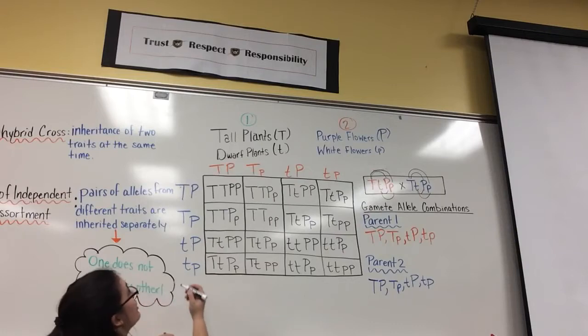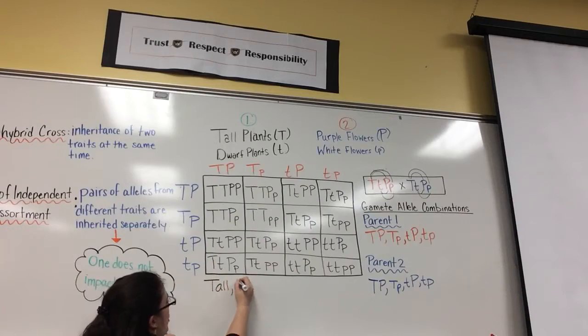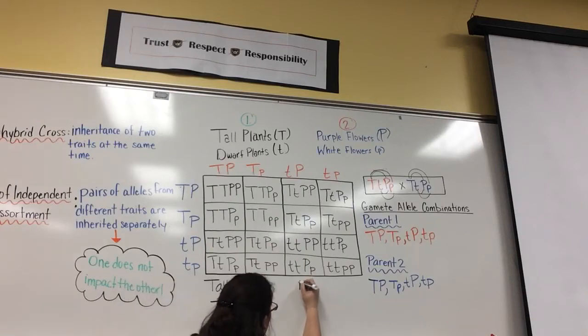So your first combination would be, they could be tall and purple. They could be tall and white. They could be dwarf and purple.